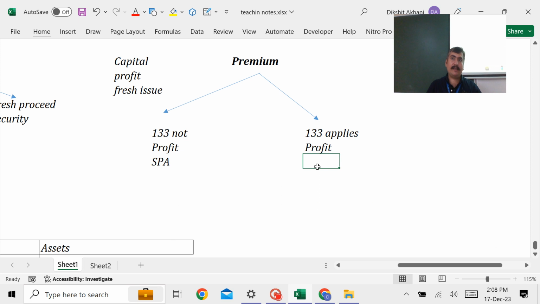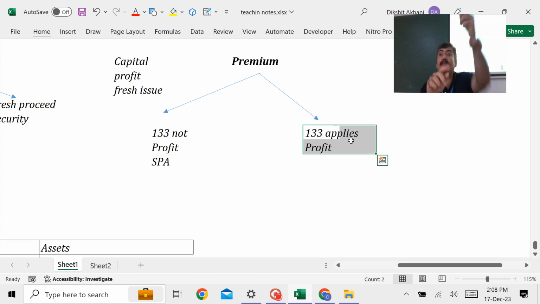ठीक है, but this rule has one small exception, because as soon as this provision was introduced, all the people started complaining. What about the preference shares we issued before commencement of the Companies Act 2013? Some preference shares you issued in the year 2008, where you promised the persons that I will redeem the preference shares with the premium, and I have only one source, security premium account, to pay the premium.